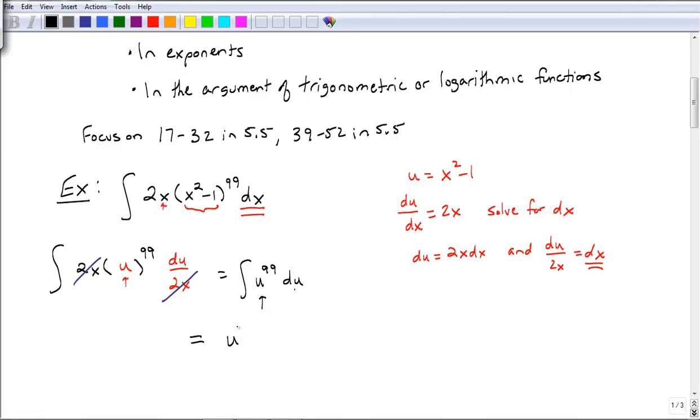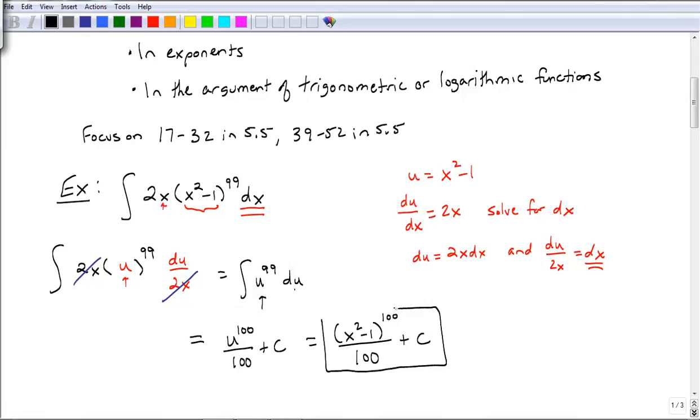I add 1 to that, and I divide by that number, and I put in a plus c because there's no bounds on this integral. But my original function didn't have u's in it. Instead of u, my original function had x squared minus 1. So I'm going to replace my u with x squared minus 1 because I only needed the u to come up with the integral. Once I found the integral, I can put my x's back in.